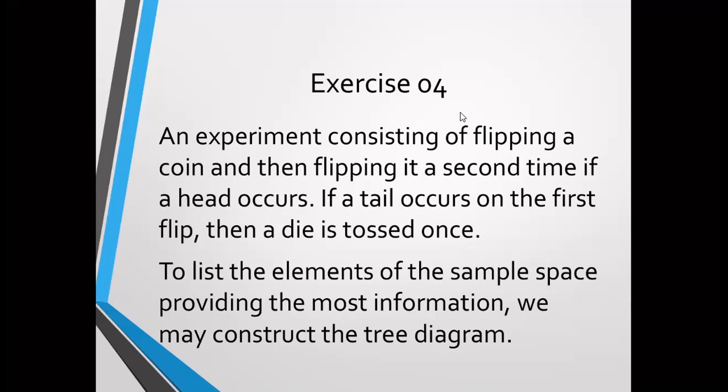Otherwise, if a tail occurs on the first flip, then a die is tossed. If he or she gets a tail for the first outcome, then he or she doesn't flip a coin, but tosses a die.